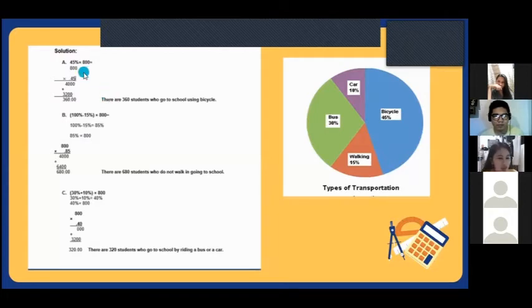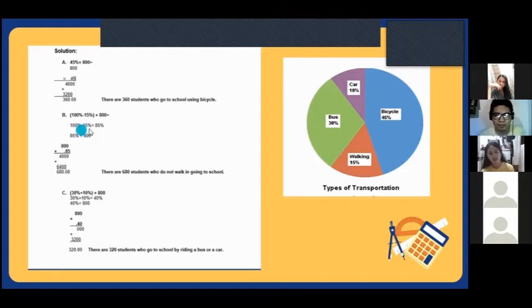So you have to multiply 45% by the number of students in the school, which is 800. When you multiply, the result will be 36,000. Since 45 is a percentage, you have to move two decimal places, and 36,000 will result to 360. So there are 360 students who go to school using bicycle.